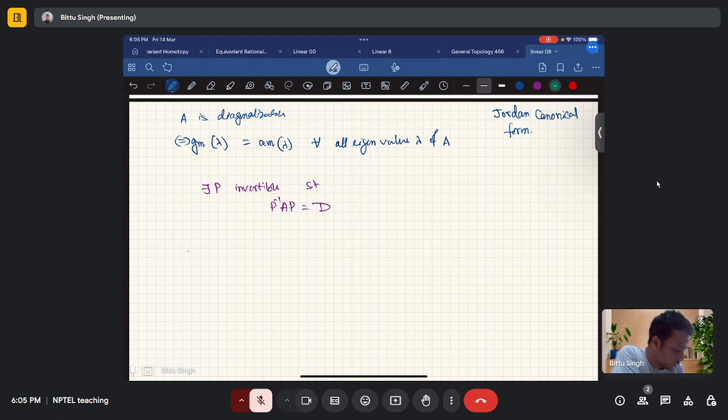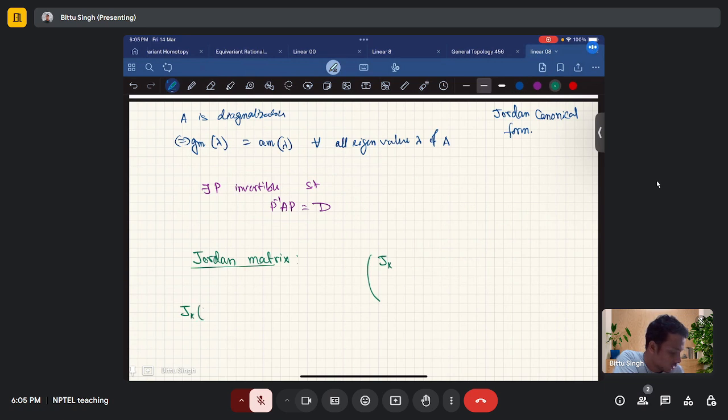That's why the Jordan matrix comes in. So what is a Jordan matrix? A Jordan matrix is made from some blocks. Let me give those names, for example Jk. Before that, let us define Jordan blocks.